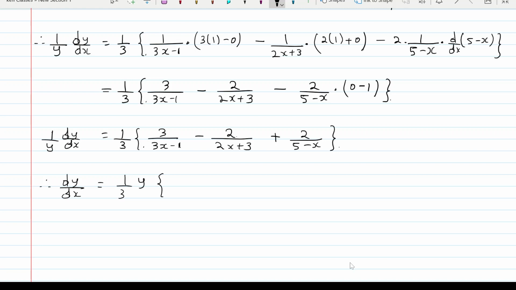We have taken the derivative, so now shift y to the right hand side. So dy by dx is 1 upon 3y into 3 upon 3x minus 1 minus 2 upon 2x plus 3 plus 2 upon 5 minus x.